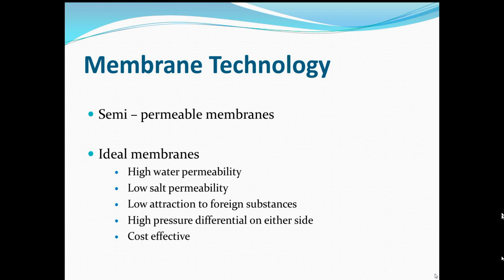Now, it should have less attraction to foreign substances, because if it attracts foreign substances, they are going to clog the membranes, and this clogging would damage the membranes. Also, there has to be a high pressure differential on either side, and it should be cost effective, because we know that 80% of the cost of the osmotic power plant goes into the membrane development.